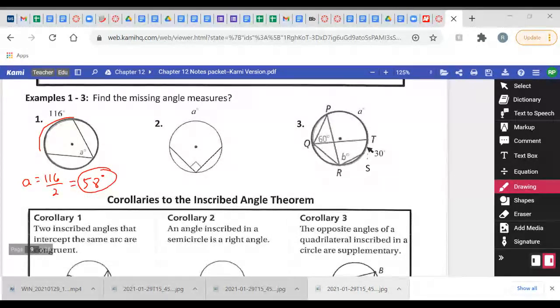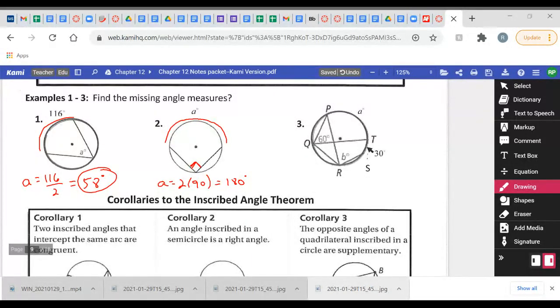Okay. On number 2, we can see that this right angle symbol here, we know that means that angle is 90, and this is the intercepted arc, which is what they're asking for, is angle A, so we know that it is double whatever the inscribed angle is. So we know that A is 2 times 90, which is 180, which is half the circle.